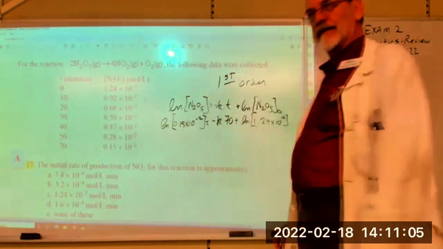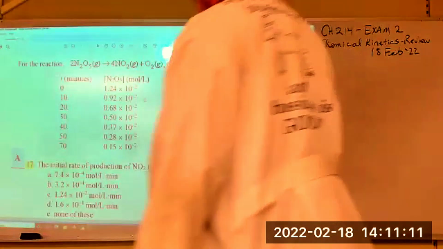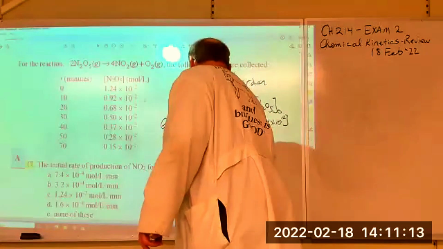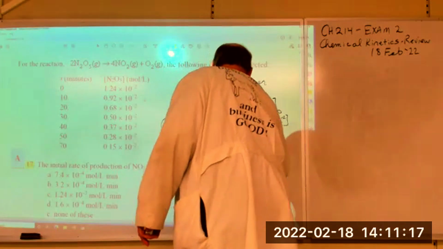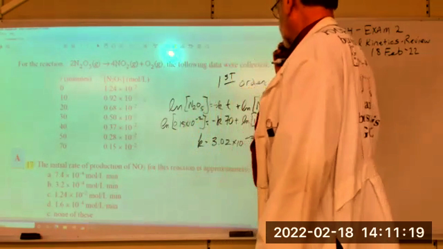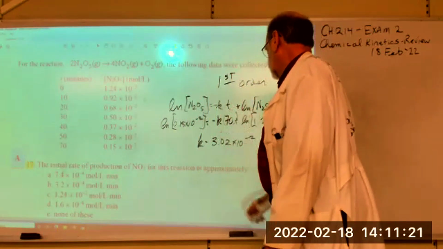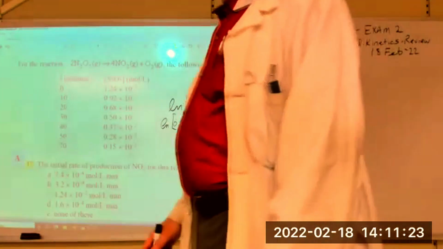And then solve for K. Okay, and K turns out to be 3.02 times 10 to the minus 2, after you solve all that equation.